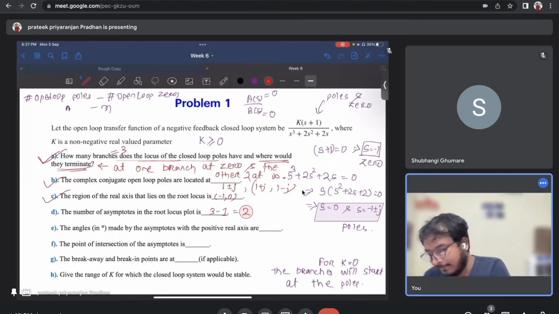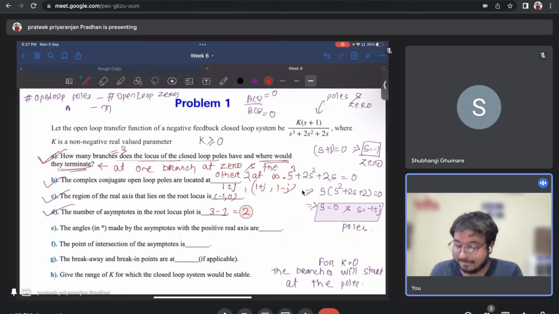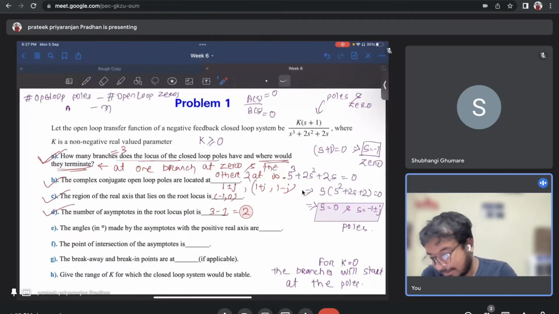Straightforward, fairly. The next question is the angle in degree made by the asymptotes with the positive real axis.